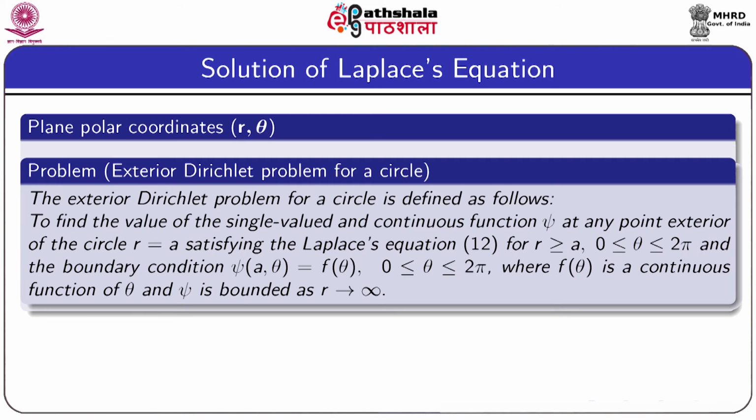We have to find the value of the single valued function psi, which is also continuous at any point exterior of a circle r equals a, which satisfies the Laplace equation, which is written in equation number 11 for r greater than or equal to a, 0 less than or equal to theta less than or equal to 2 pi, and psi will satisfy the boundary condition psi a theta equals f theta, where f theta is a continuous function of theta and psi is bounded as r going to infinity.